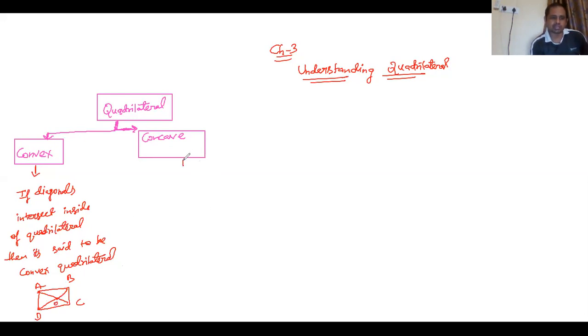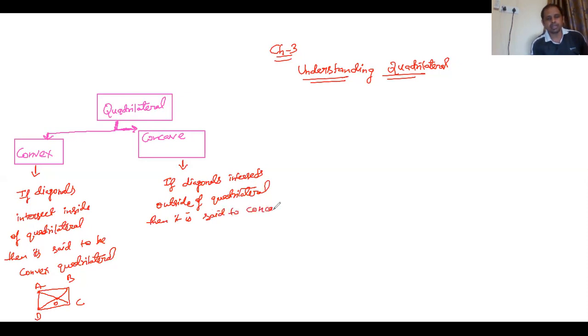And if the diagonals intersect outside of the quadrilateral, or the diagonals do not intersect inside, then it is said to be a concave quadrilateral.